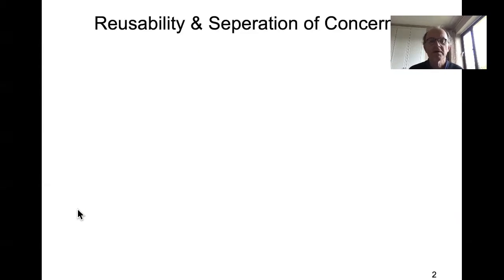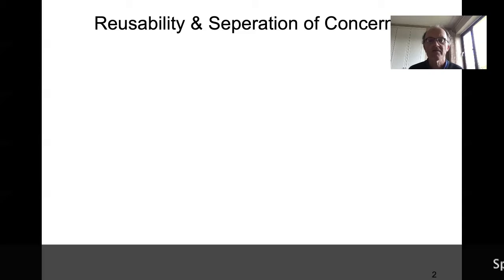Now, in general, when you are designing any type of software, two qualities that you're aiming for in your end result are good reusability and good separation of concerns. These are overarching objectives.